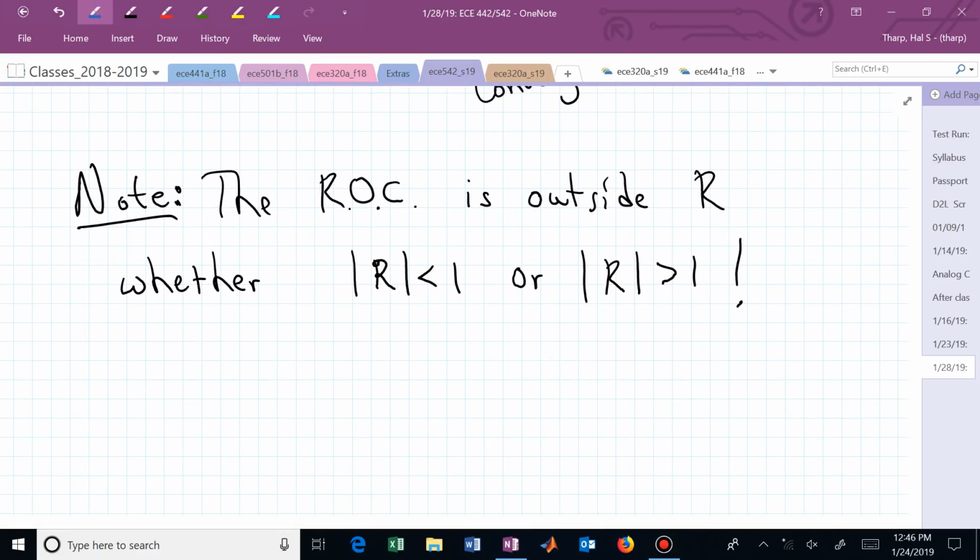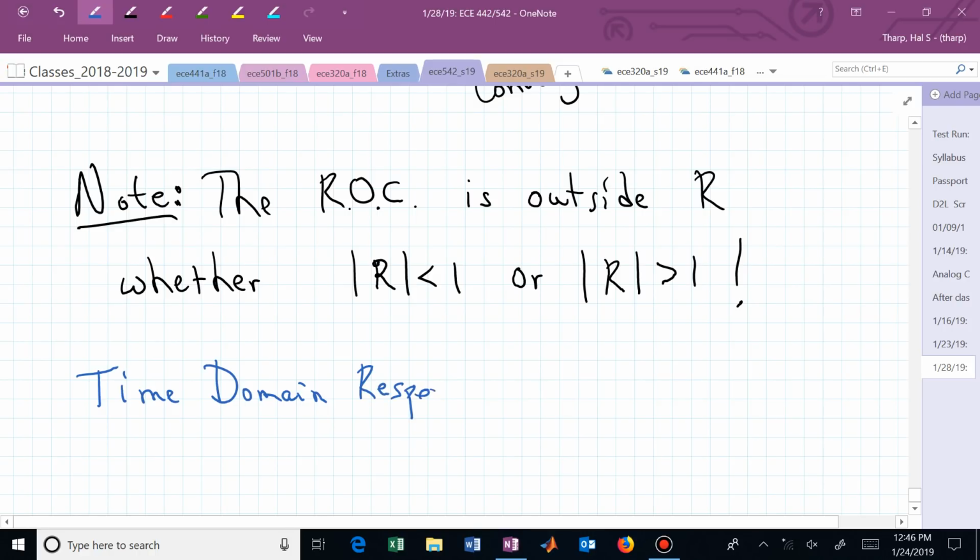The time domain response is unbounded under what condition?